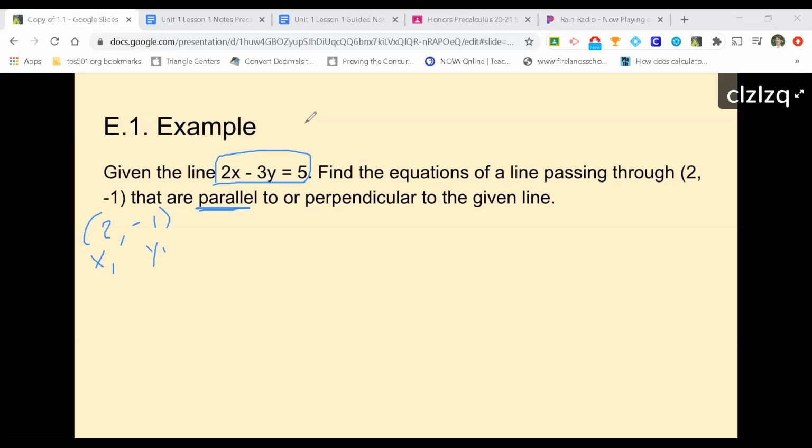Again, this is written in standard form, but we can fix it and make it into slope-intercept form. Instead of the bad form, this is going to be slope-intercept form. It's going to look so good. All right, subtract 2x from both sides. That's -3y equals -2x plus 5.